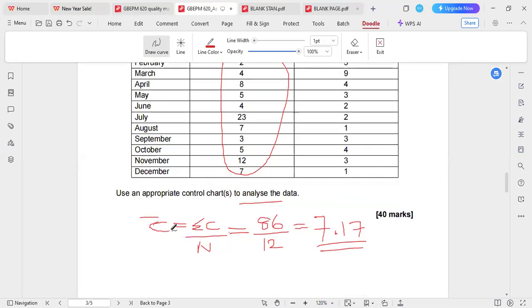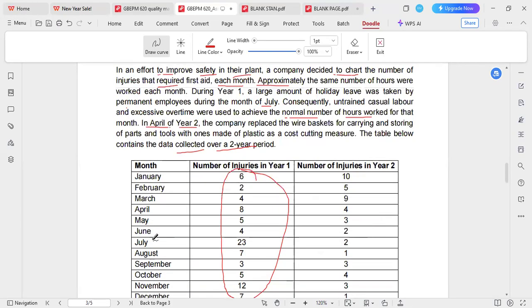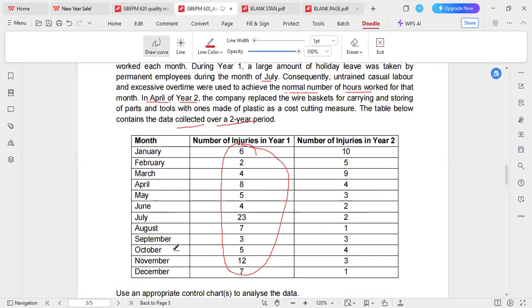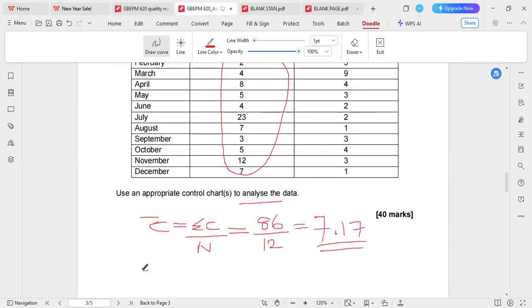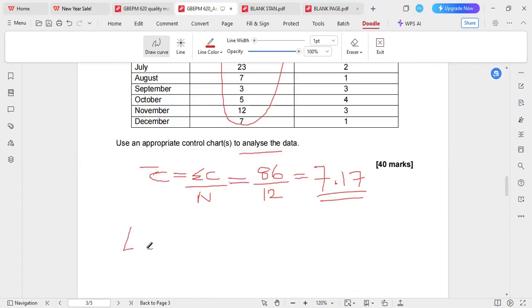So then getting down to the lower control limit. Our lower control limit is equal to C bar minus 3, which is standardized, times the square root of C bar.